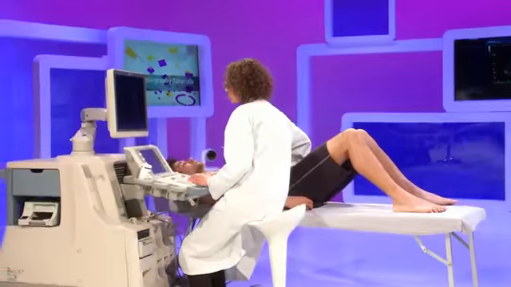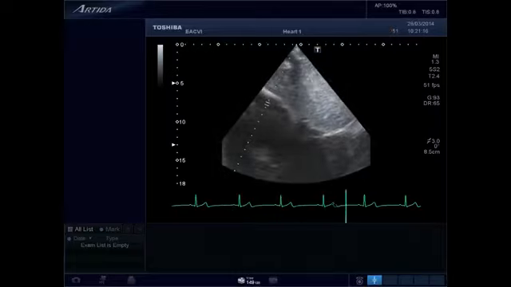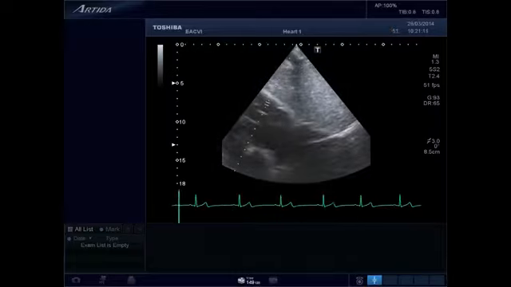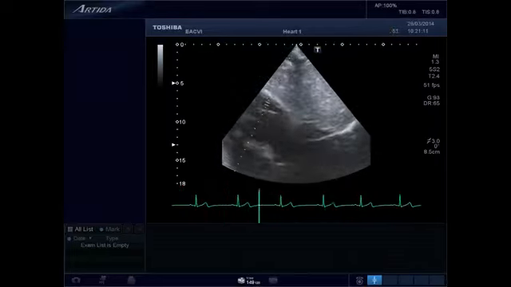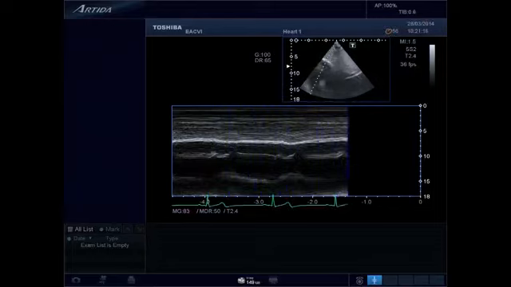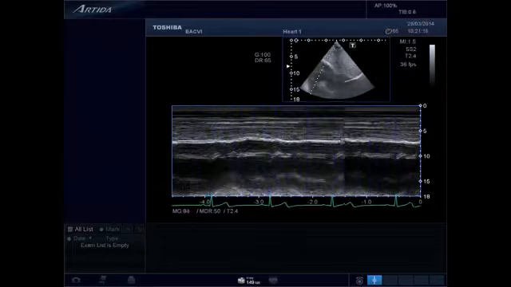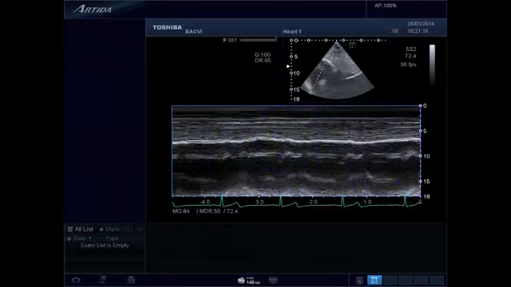But for me, it's easier like this. And I have to be really perpendicular. And to have an Mmode acquisition here, we'll increase the gain. And you can see here the right ventricular wall, and you can assess the thickness, always thinking that the reproducibility is difficult because this wall is really thin.